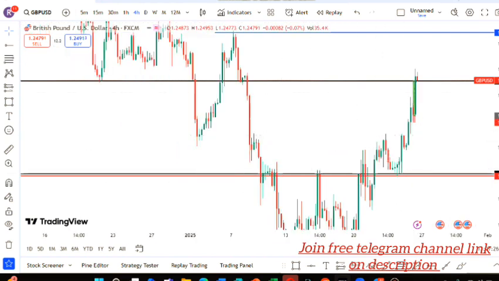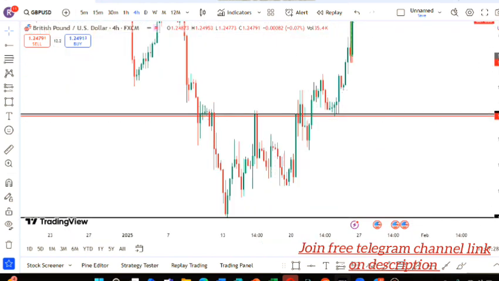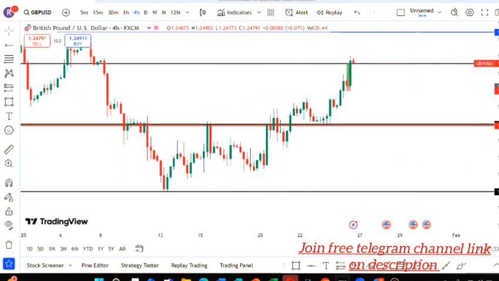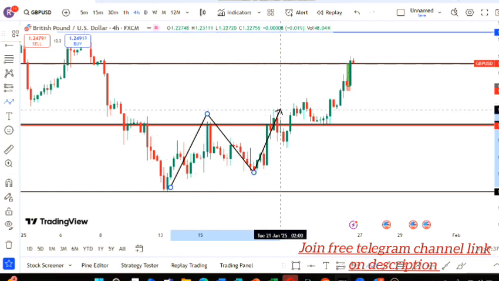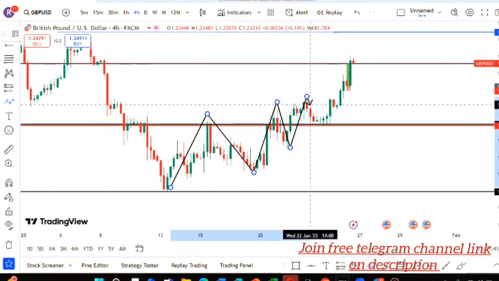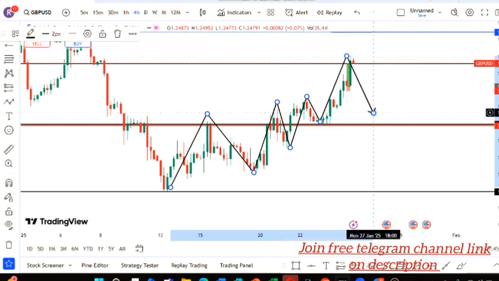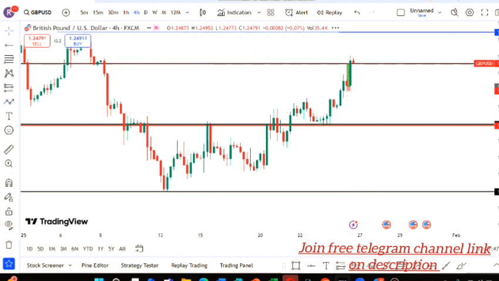But in this case, as you can see, this market is moving, forming higher highs and higher lows, higher high, higher low, higher high, higher low, and higher high. So expecting a higher low.